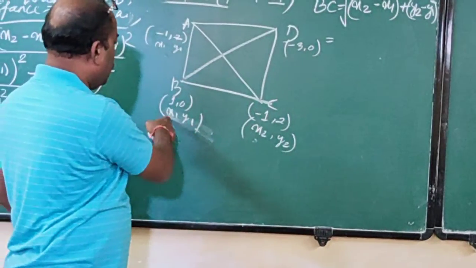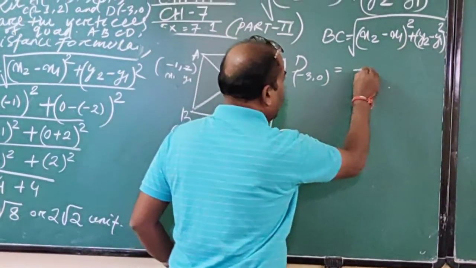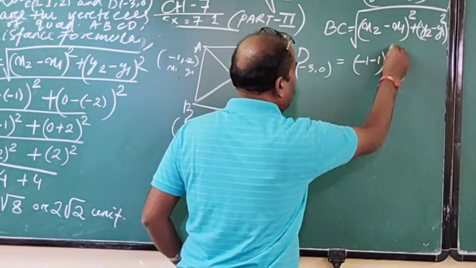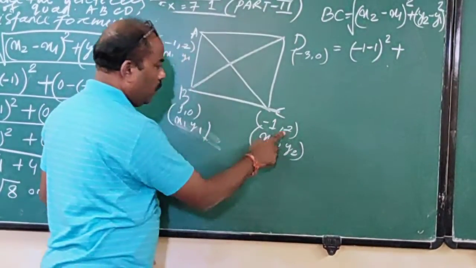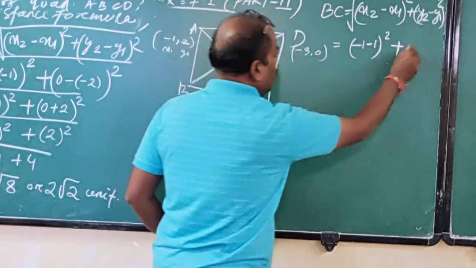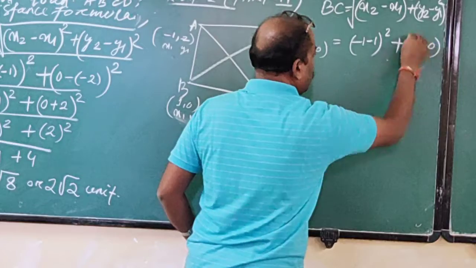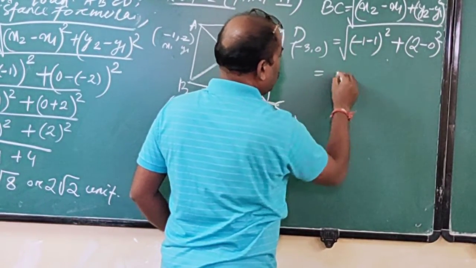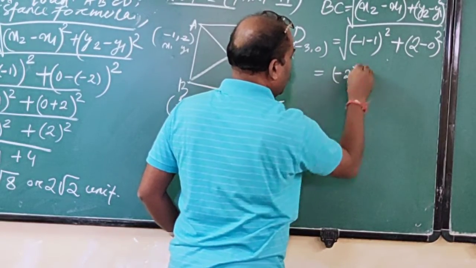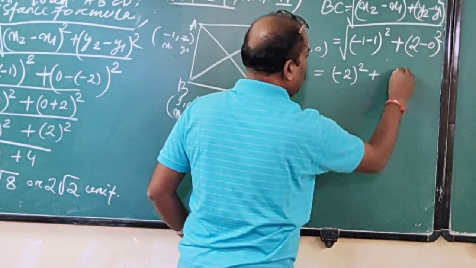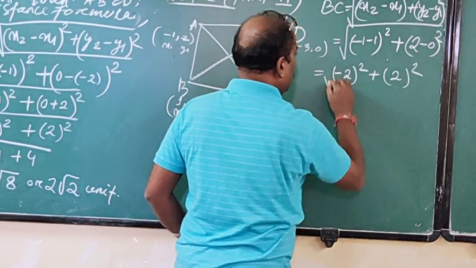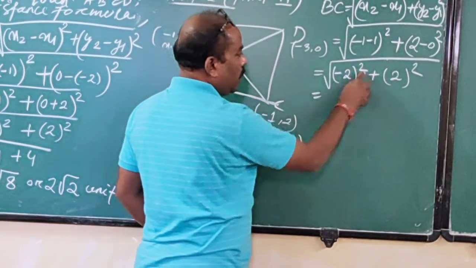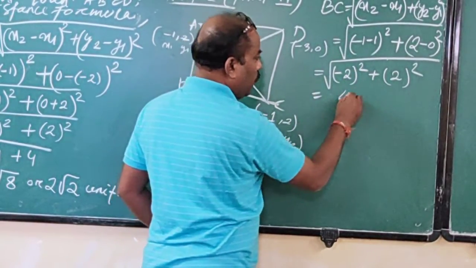(x2 − x1) is (−1 − 1) whole square plus (y2 − y1) is (2 − 0) whole square, under root, equal to (−1 − 2)... whole square plus (2 − 0) whole square under root. Minus square equal to plus 2 square equal to 4.